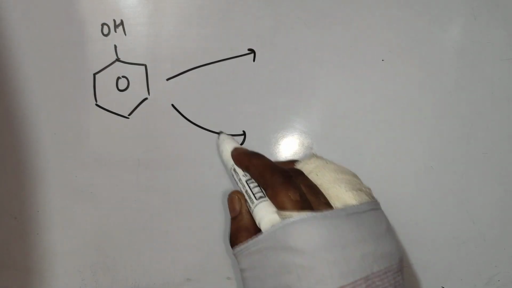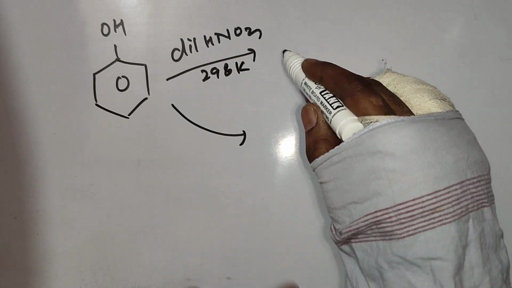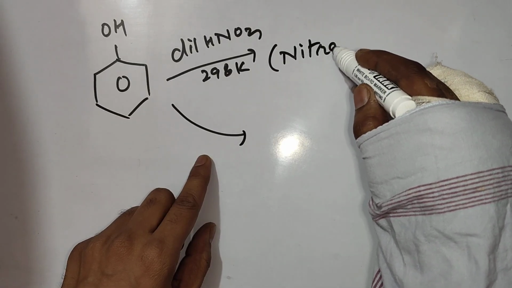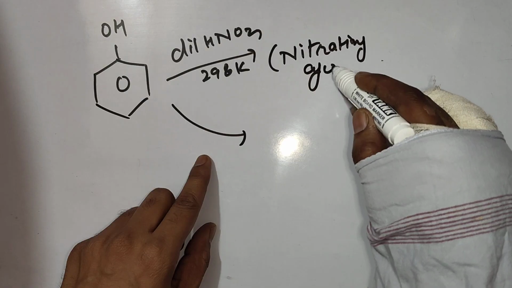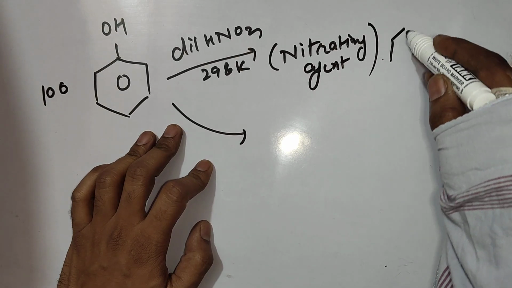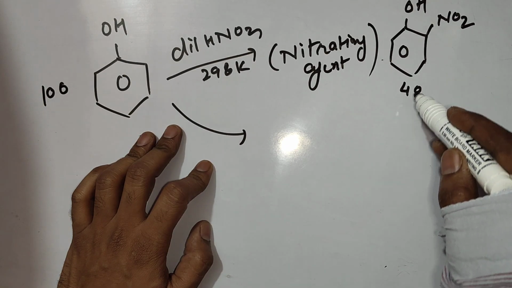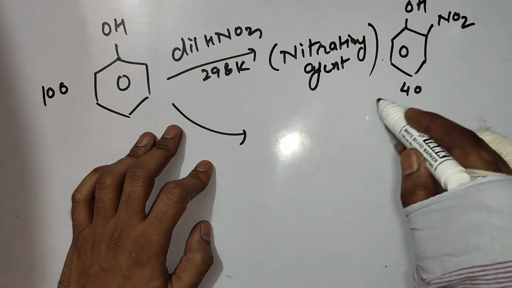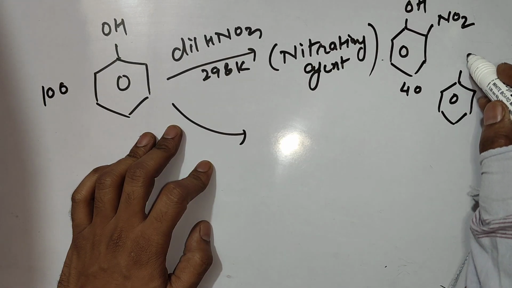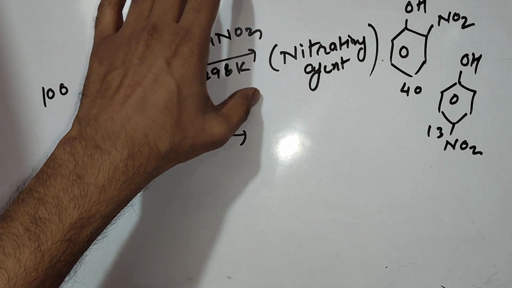Meaning the final summary is: dilute nitric acid at 298 Kelvin temperature is working as a nitrating agent, due to which, suppose we have 100 particles of phenol, out of 100 particles of phenol, 40 particles are converting into orthonitrophenol and 13 particles are converting into paranitrophenol. Here dilute nitric acid is working as a nitrating agent.